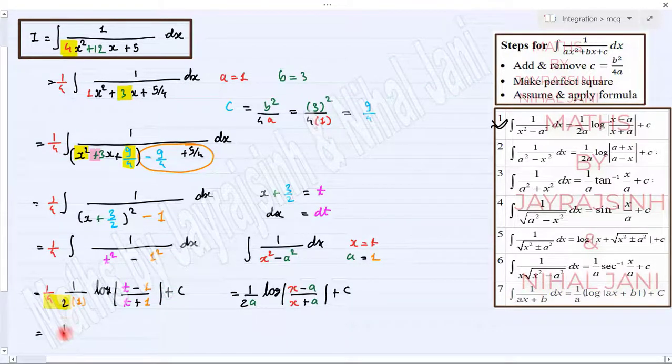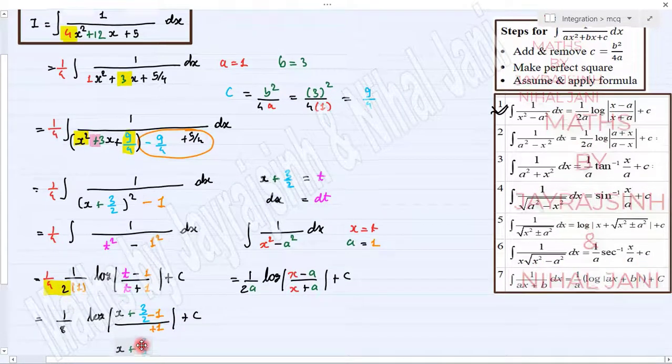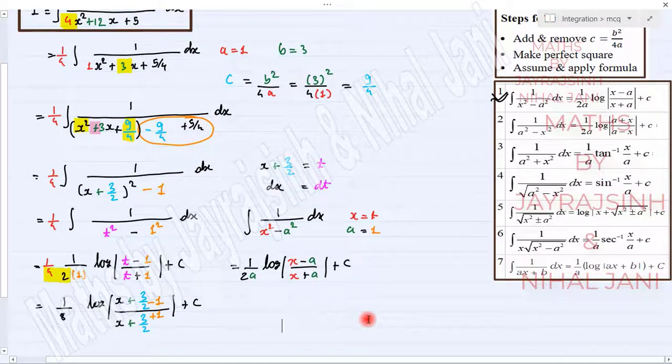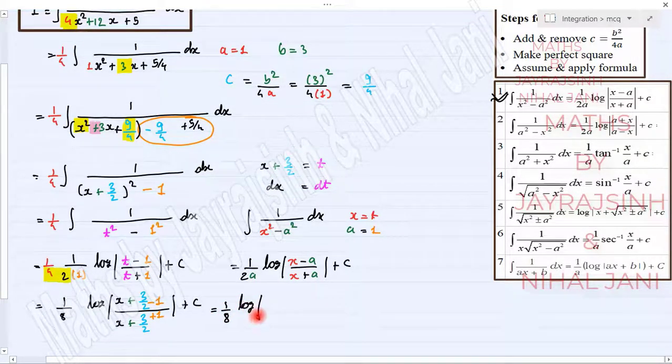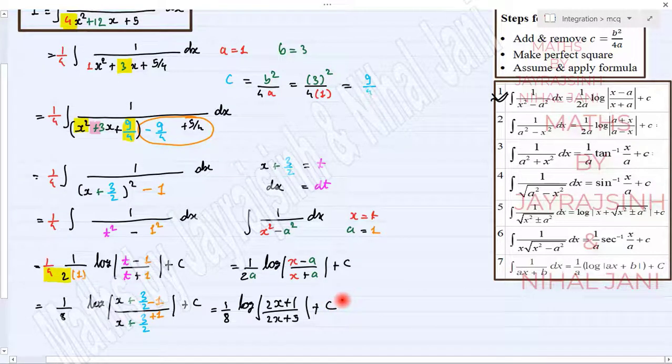This 4 into 2 will become 8, and to get the final answer, we have to replace your t by x plus 3 by 2 in numerator as well as in denominator, which can be further simplified into log mod 2x plus 1 upon 2x plus 5 plus c. Tada!